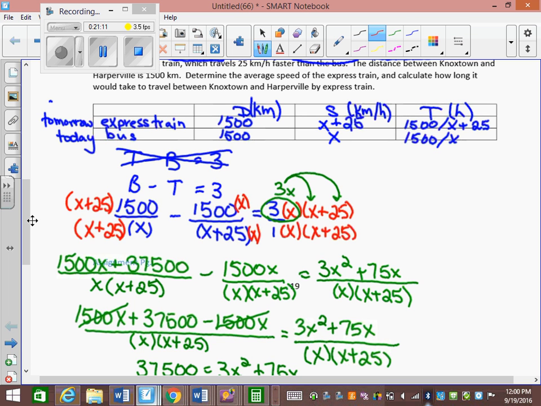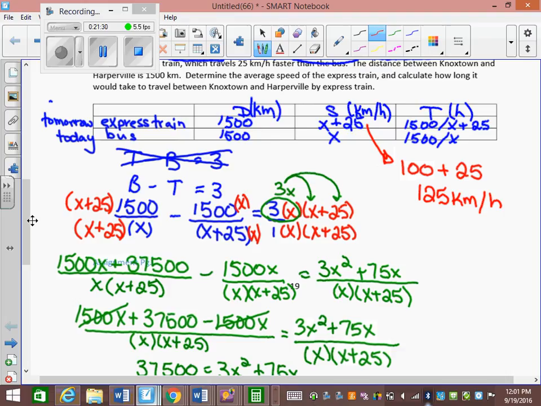Determine the average speed of the express train and calculate how long it would take to travel between Knoxville and the other city. So the express train is x plus 25. So the express train speed is 100 plus 25, so it's 125 kilometers per hour.